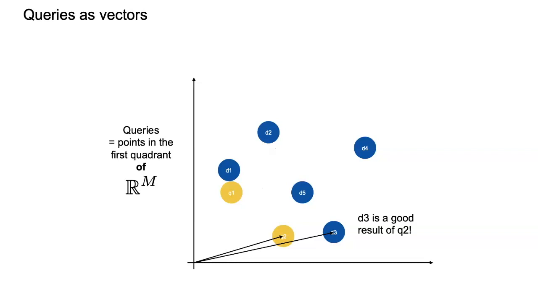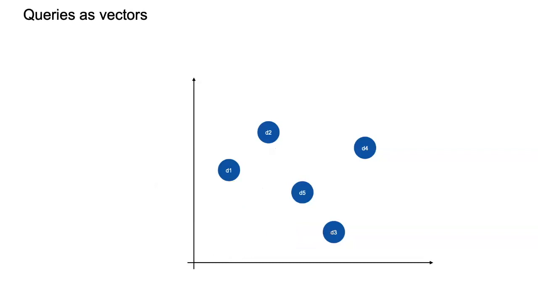If we can also put the queries in there, then we can actually evaluate the queries by just looking at the documents that are similar to them. In other words, the documents that have a small angle with the query. So you see query 2, for example, has a good result with D3, document 3, because the angle is very small.